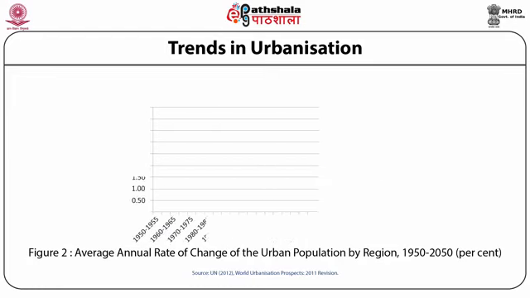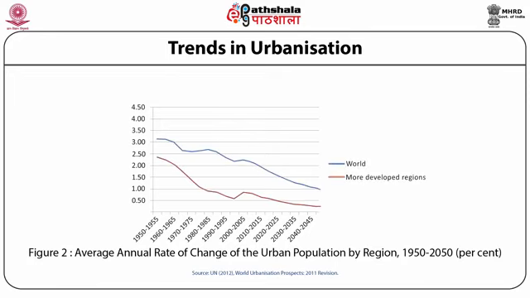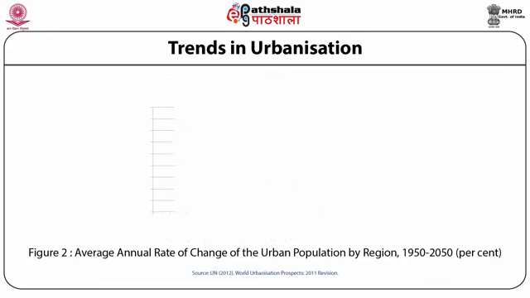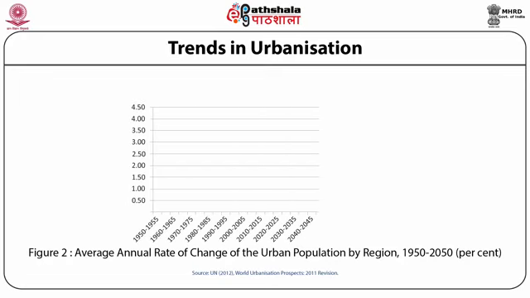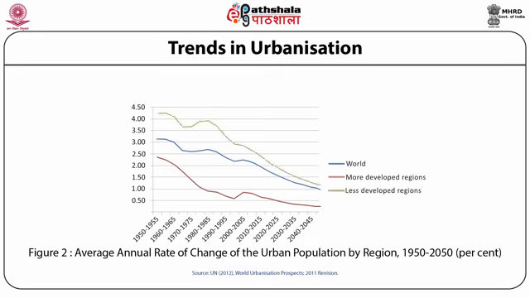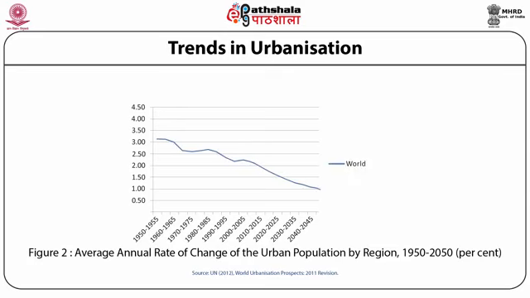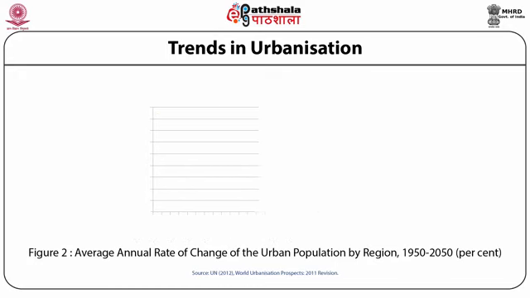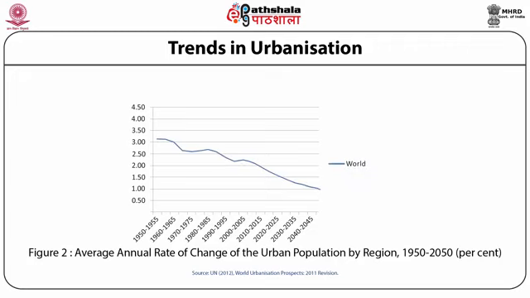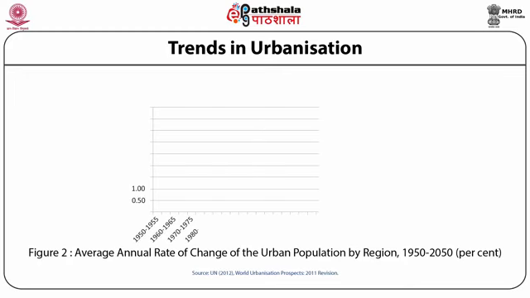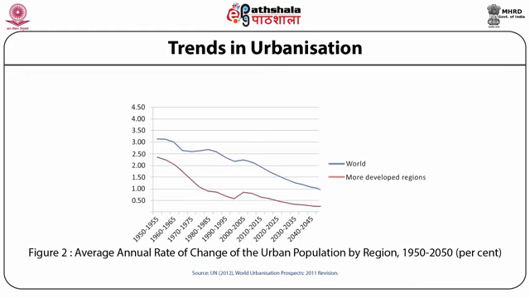On the other hand, between 1950 and 1955, the less developed and the least developed world had respectively experienced 4.22% and 4.54% average rate of change in their urban populations, while during 2010 to 2015, the same has declined to 2.43% and 3.73% respectively. Thus, the proportion of urban population in most of the developed world is close to its ceiling, while the less developed and the least developed have hardly covered half of the distance.